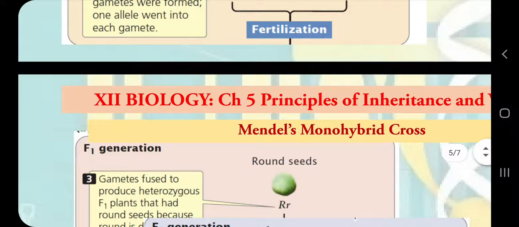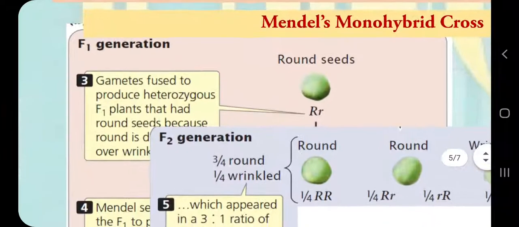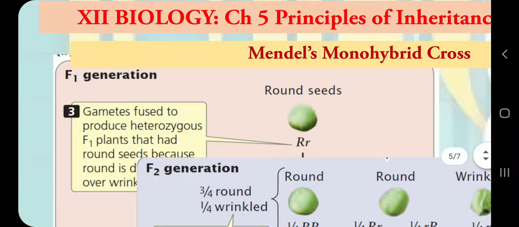After fertilization we get the F1 generation, which is the first filial generation with rounded seeds. But these seeds are hybrid, and because the F1 generation is hybrid for one feature, we call this a monohybrid cross. We will learn the dihybrid cross later, in which we will study two features, or we will get an F1 generation which is hybrid for two features.